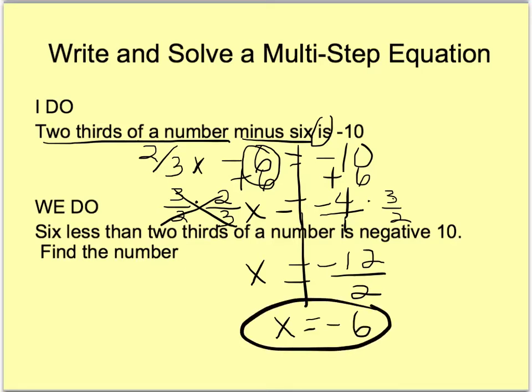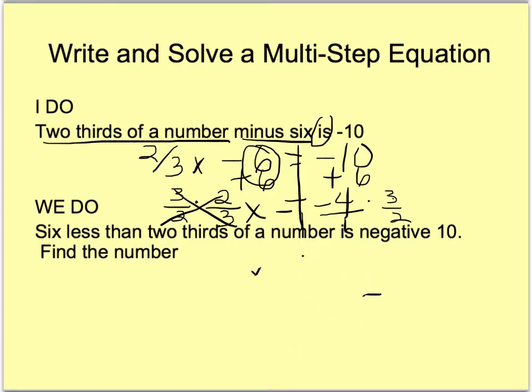Okay, so let's try the next one together. I'm just going to erase this here. Okay, 6 less than 2/3 of a number. Okay, so I have 2/3 of a number, and I have 6 less.